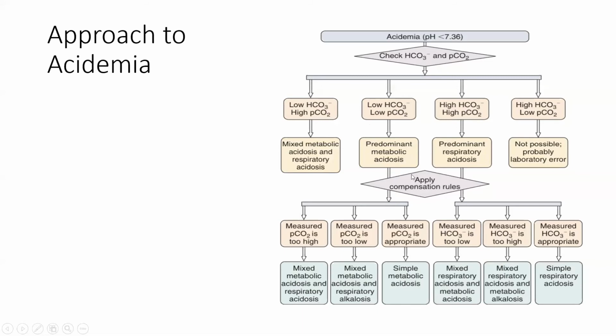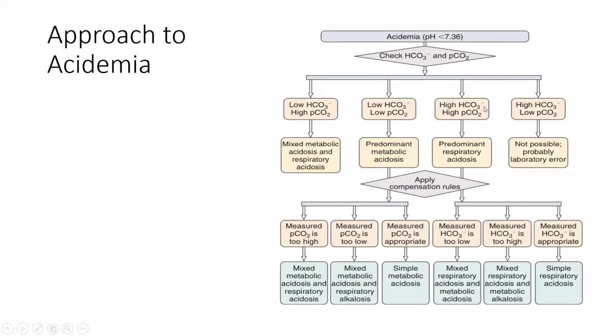That's where you apply your compensation rule, which is the Winter's formula. If your Winter's formula shows that your PCO2 is lower than the one on your blood gas, it's a mixed metabolic acidosis and respiratory acidosis. But if your PCO2 is too low from your Winter's formula, this is a mixed metabolic acidosis and respiratory alkalosis. But if your PCO2 is appropriate, then this is a simple metabolic acidosis.